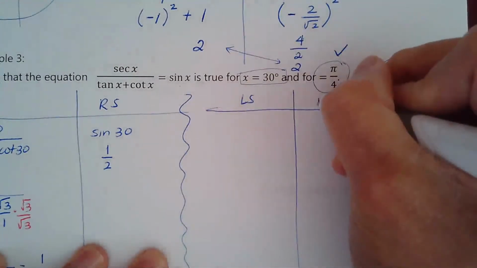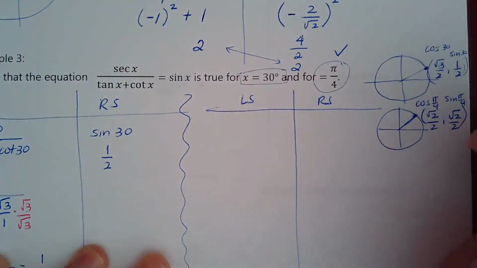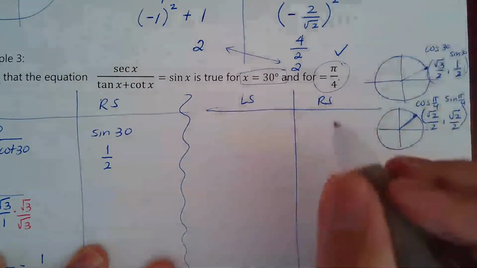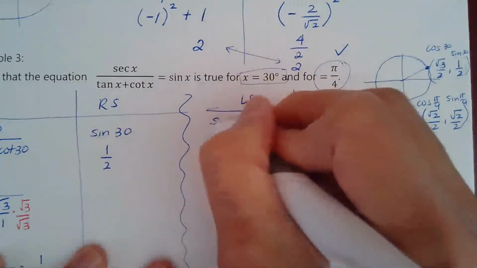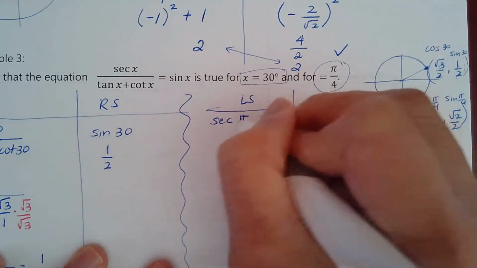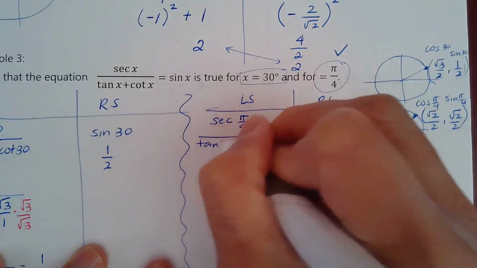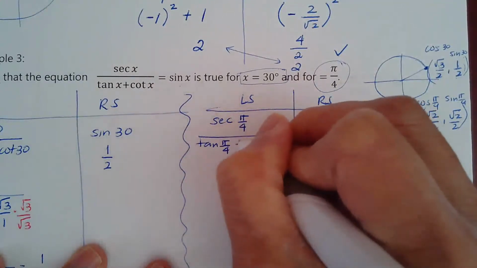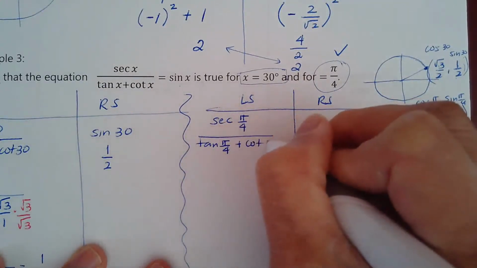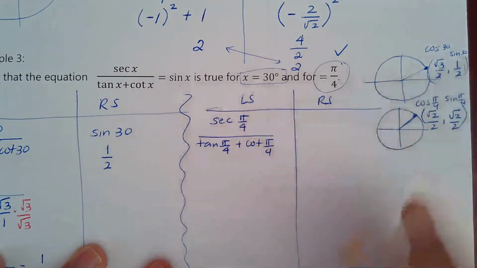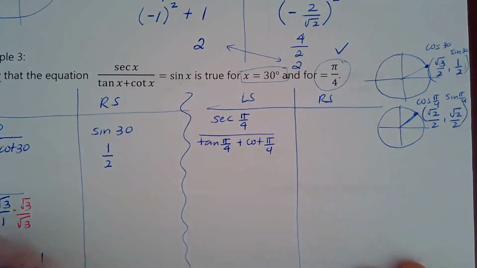Left side and right side. So what does the left side look like? Left side is secant of pi by 4 over tan of pi by 4 plus cotangent of pi by 4.